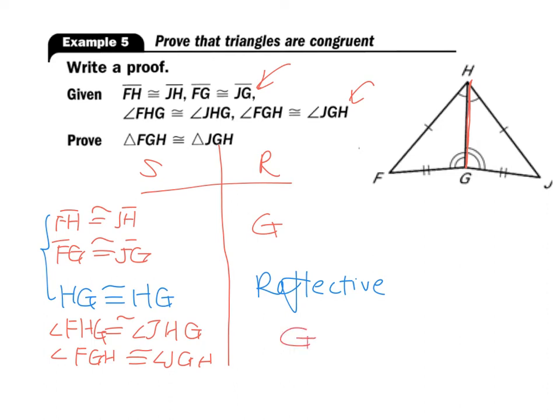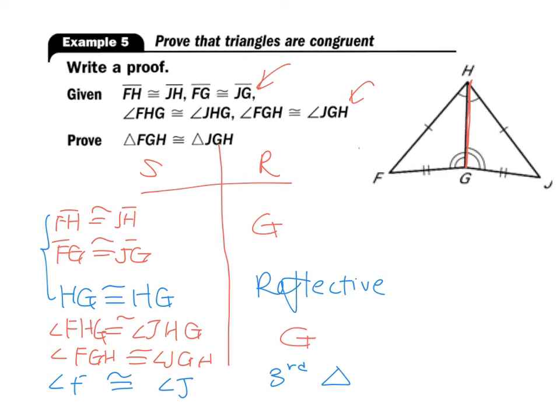And let's see what happens to the third one. Obviously, if these 2 are congruent, by the third angle theorem, angle F and angle J are also congruent. And this is the third angle theorem. Okay, it makes sense, right?